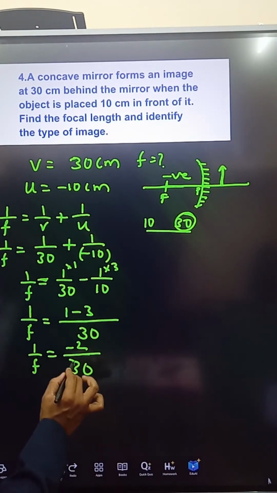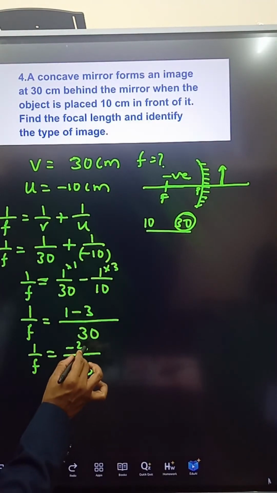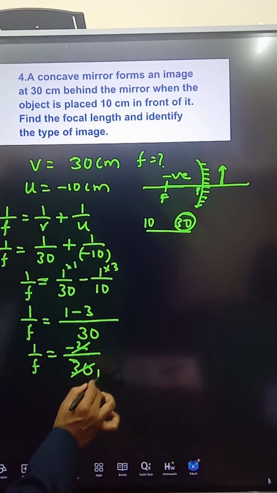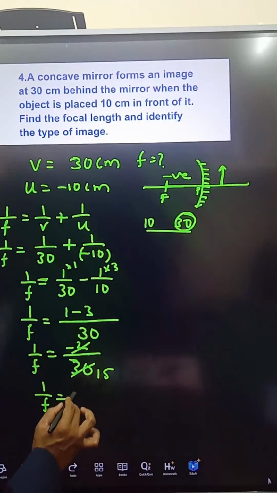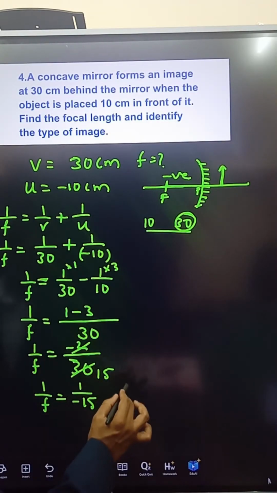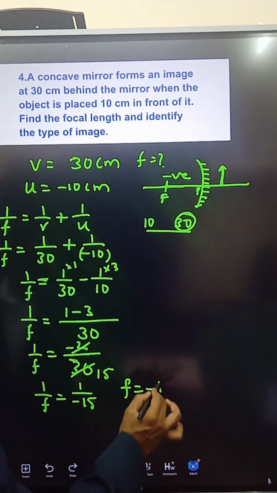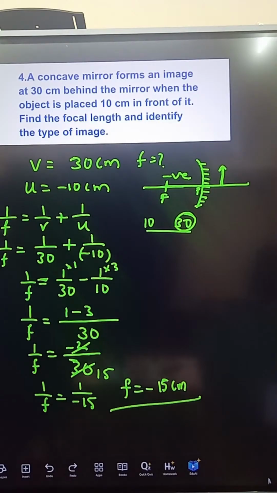Now cancel this. What do we get here? 2 ones are 2, 2 15s are 30, right? So 1 by f is equal to 1 by minus 15. Then f, what do we get? f is minus 15 centimeter. Means the focal length of the mirror is 15 centimeter, right?